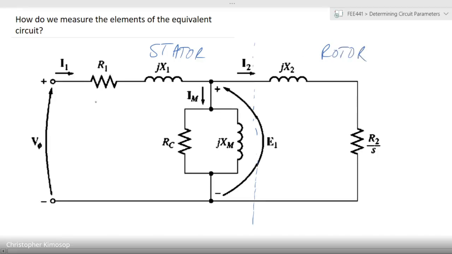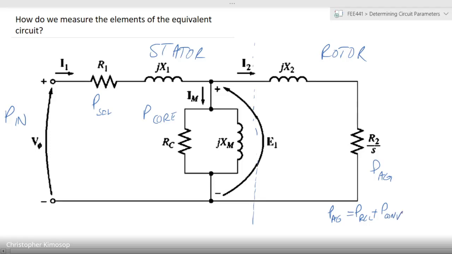Also, we have stator copper losses, and the power in comes from that side. We had this as core losses, and we had this at the end as air gap power. And we also noted that air gap power includes rotor copper losses and converted power, right?